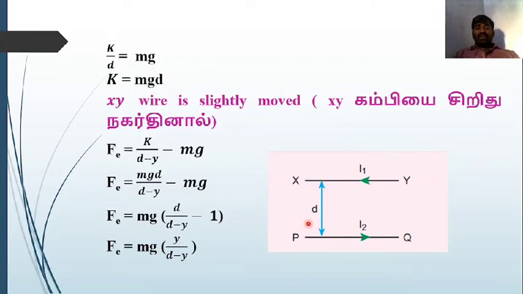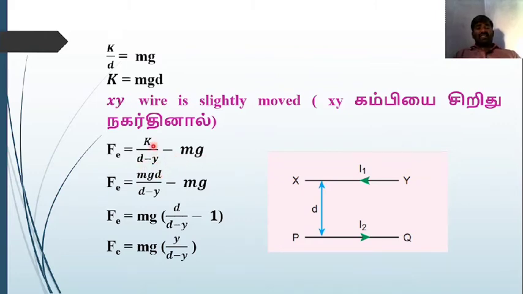Now the PQ wire is fixed. After that, the vertical plane conductor XY is moved. At that time we apply some external force. This is equal to the force experienced by this conductor minus the downward force acting on this conductor. We write it in the form F is equal to K upon D minus Y, minus mg.